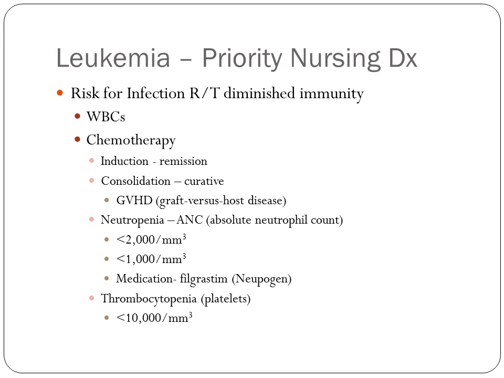Induction is generally the initial treatment, and it's really meant to look for remission or a slowing of progression of the disease. Consolidation is more of a continuation, long-term therapy, and that's really geared at more of a curative type of treatment.